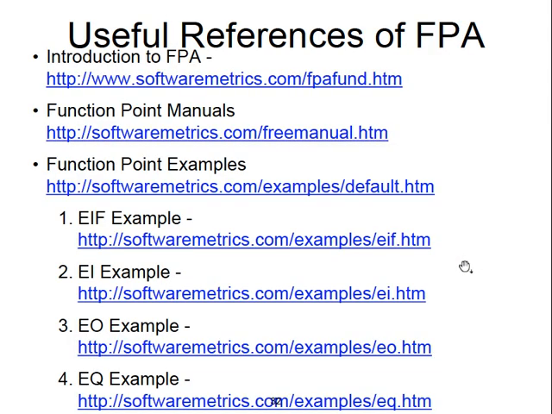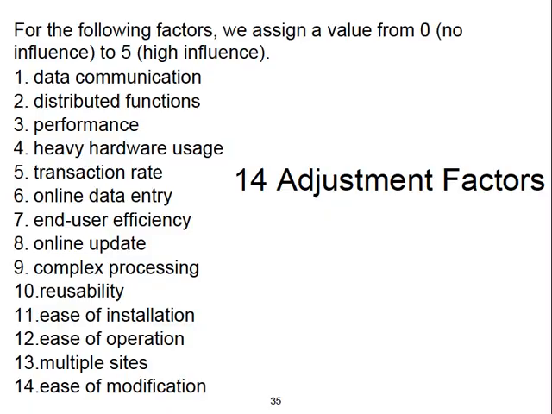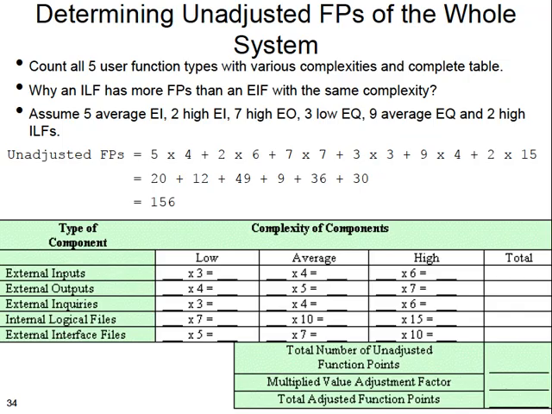FPA still has a lively community, unlike the OO measurement that we looked at, which is mostly history. We teach that partly for historical reasons, because people do not use it. But for function point analysis, some companies still use it, and it's still taught at other universities around the world.